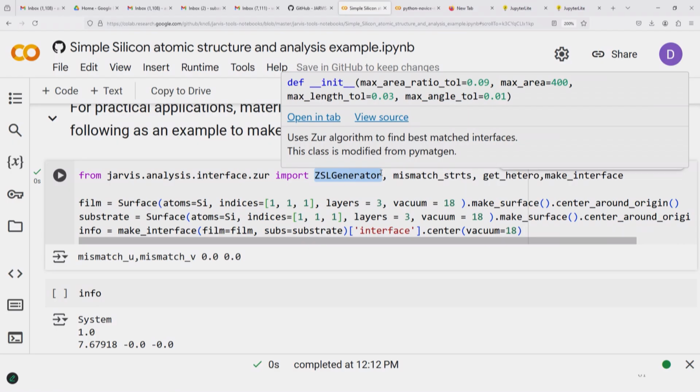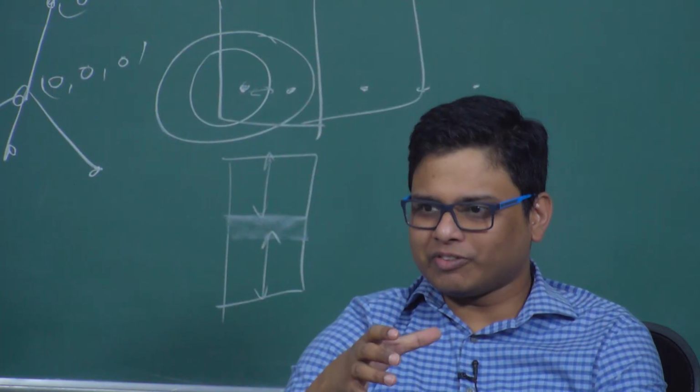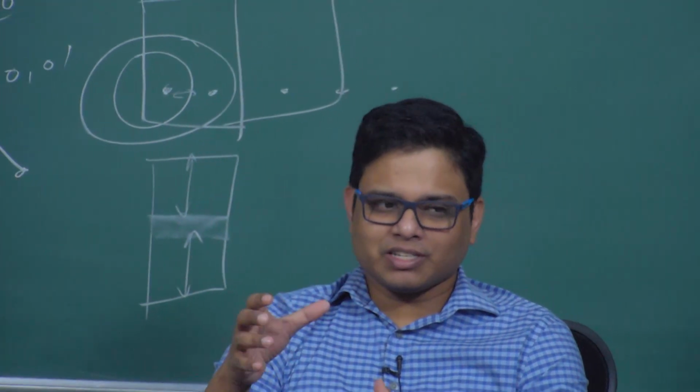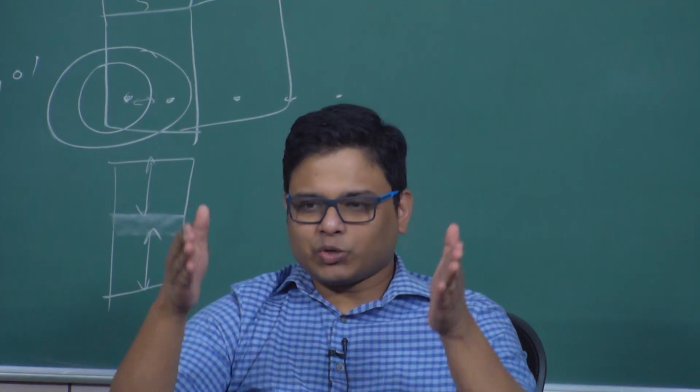The old-fashioned way was to take the LCM, lowest common multiple. Remember those things? Suppose one has a 5 angstrom lattice constant and one is 4 angstrom. What you can do is make 20 angstrom, both of them, and then both will fit, right? So that is one way, but you have to make 20 angstrom for both of them. That will make the system too large, right? It's too difficult to simulate.